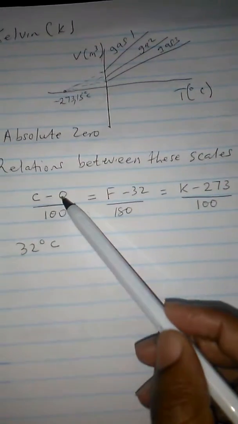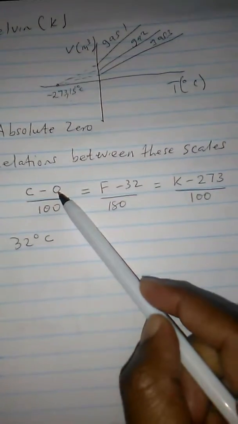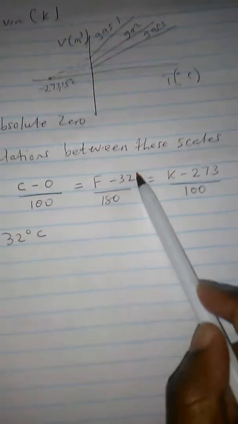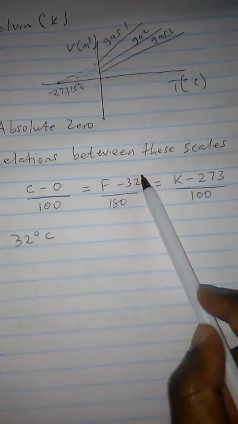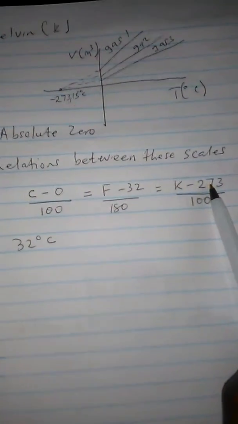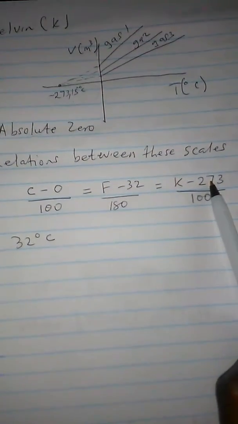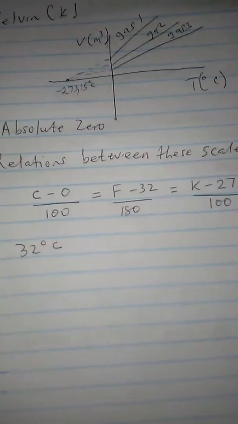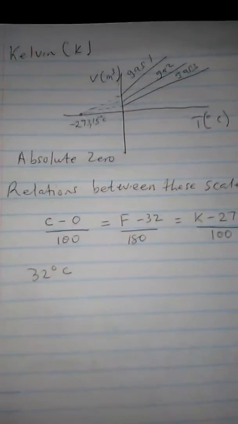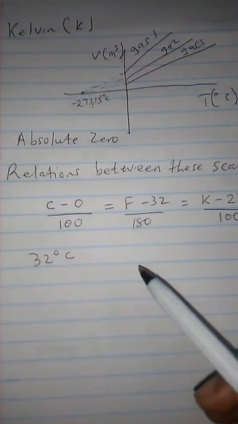So you can see 0 was the melting point of water, 32 was the melting point of water in Fahrenheit, and 273 is the melting point of water in the Kelvin scale.